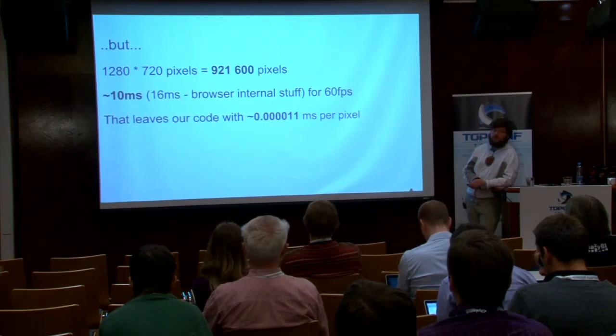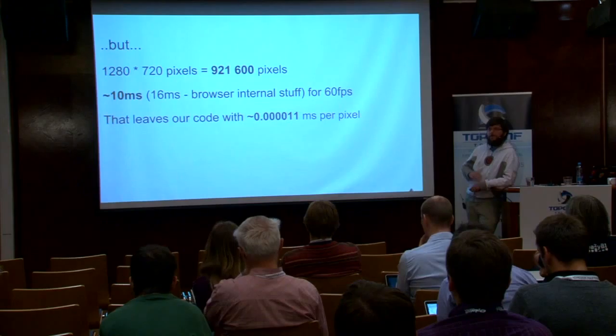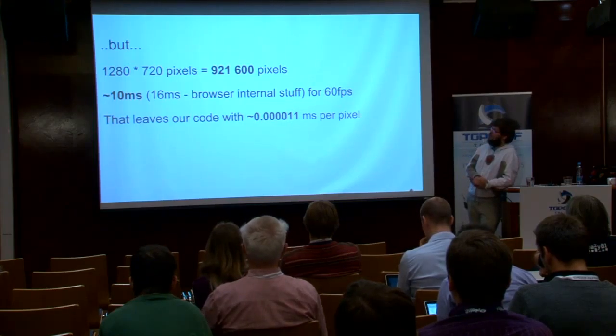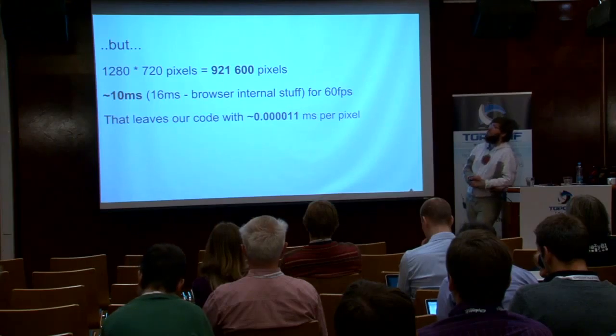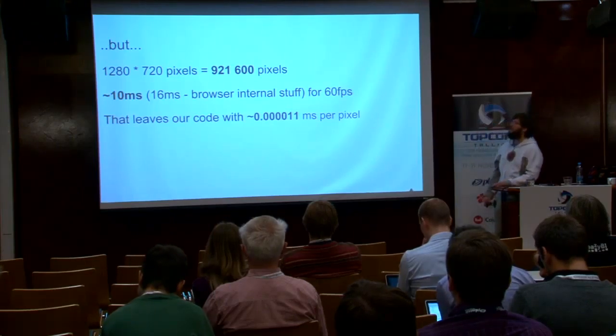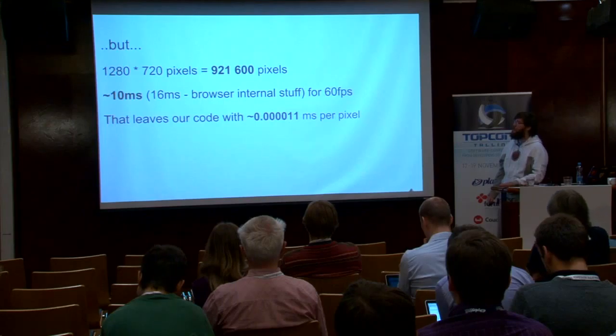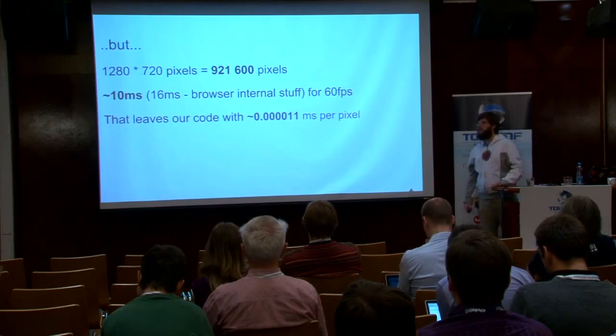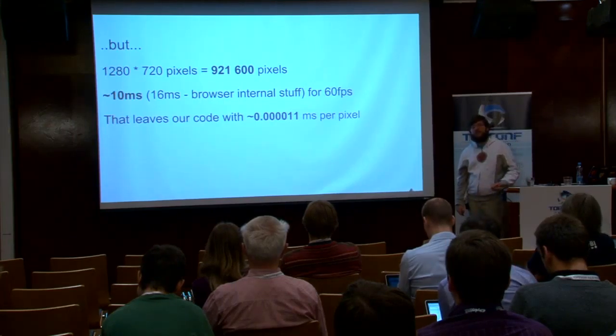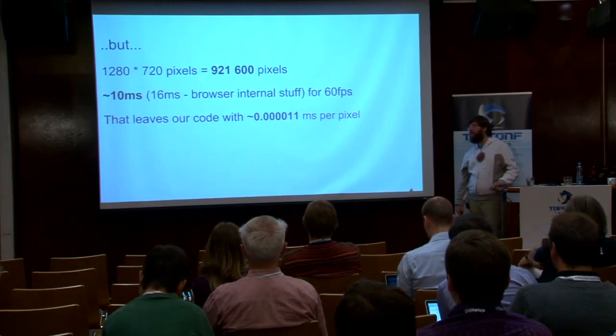The browser does some stuff as well, so it's sort of agreed that we have approximately 10 milliseconds for our code to render an entire frame. Now, with 10 milliseconds and 921,000 pixels, that means we have approximately 0.000011 milliseconds per pixel. JavaScript is fast-ish, but that fast?